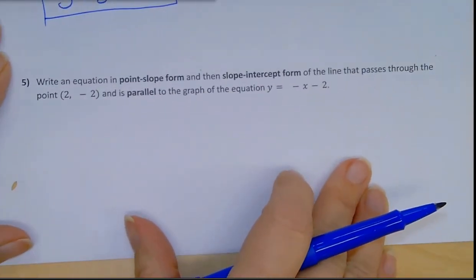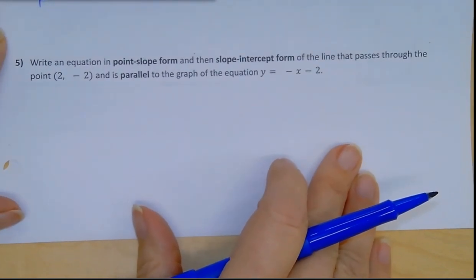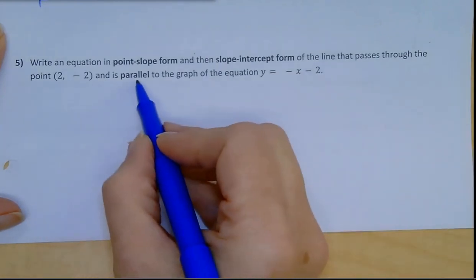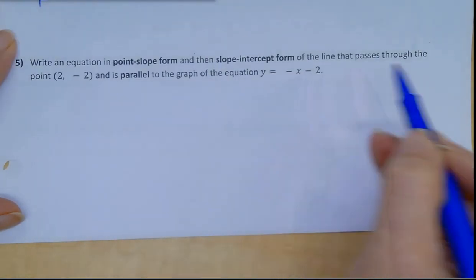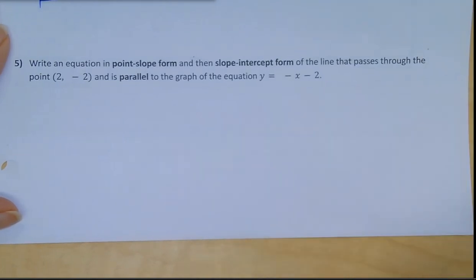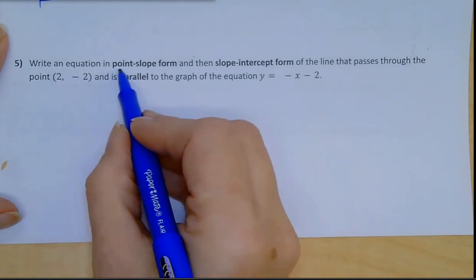If I want to write an equation in point slope form and then slope intercept form that passes through the point 2, negative 2 and is parallel to the graph of this equation, I am going to need a point and a slope. So let's start with our point slope form.